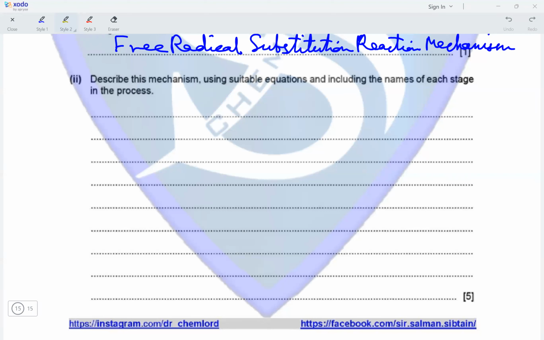Describe this mechanism using suitable equations and including the names of each stage in the process. So we need to produce a monochloroheptane. So that would require the initiation step as being chlorine gas being subjected to UV light producing chlorine free radicals.